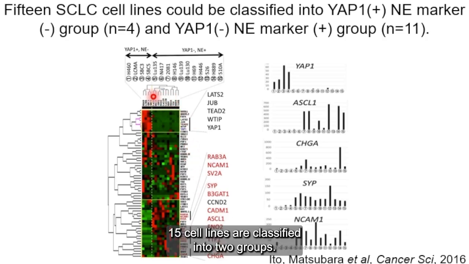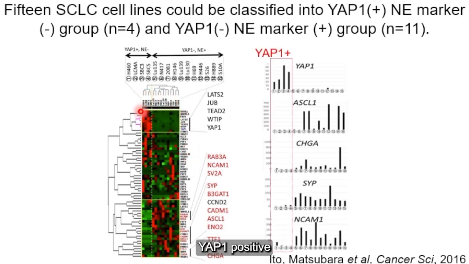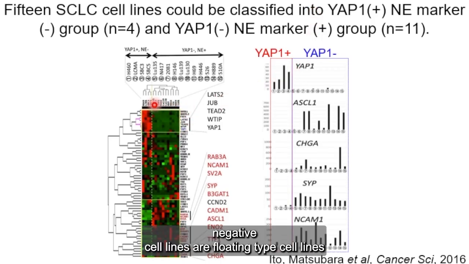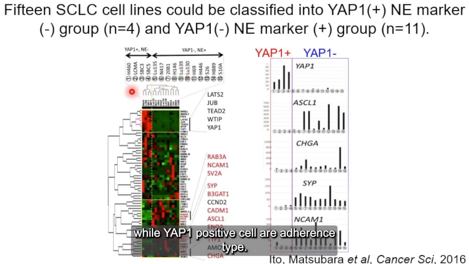The 15 cell lines are classified into 2 groups: a YAP1 positive and neuroendocrine marker negative group, and a YAP1 negative and neuroendocrine marker positive group. Interestingly, YAP1 negative cell lines are floating type cell lines, while YAP1 positive cell lines are adherent type.